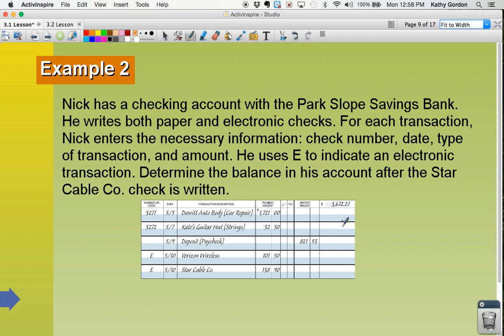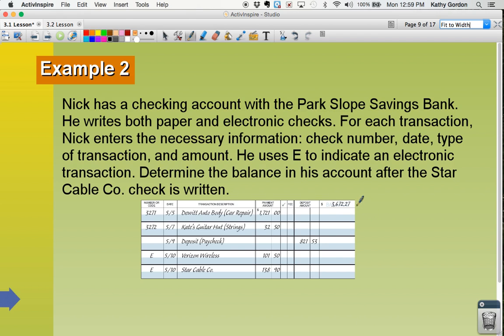And then finally, this last column is where you keep your running balance. So you'll notice here across this top row, all of these different headings, but then you get to the last one and it's blank. And that's because that's where you can take the balance that was at the bottom of the previous page and bring it up and write it in for the top of the next page so you can keep going.